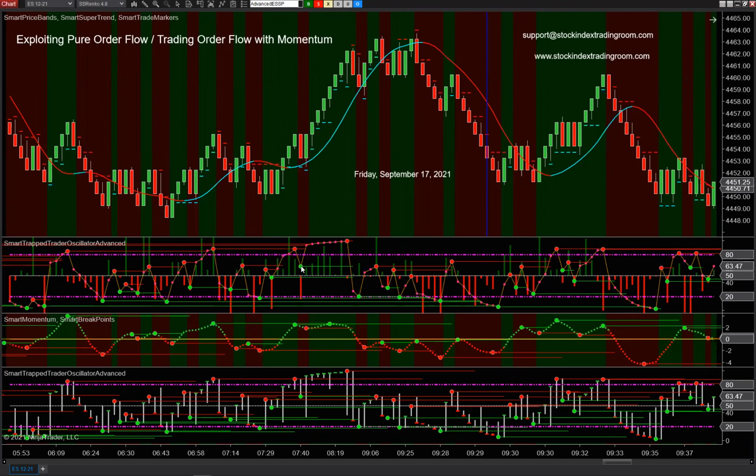When we see a TTO green dot above the line, that's a TTO hook. Okay, green dots mostly live below. When we get them above, they're pretty good. Okay, green dot above, that's pretty good. We'll see in a minute how that works out. And when we get that matched with a smart momentum, this is such strong trend strength up here.